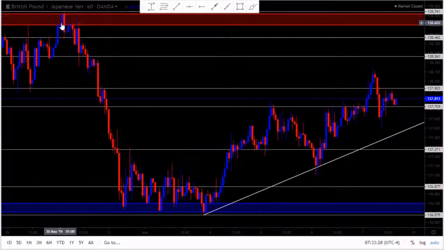So now what do we have to do? We've identified our area, we've identified our zone. We want to wait for a retest to the zone. So a retest is when it comes down, it broke out, and then it comes back up and tests this zone. And what it's trying to do is to make sure that there's no more orders being accumulated up in this area.